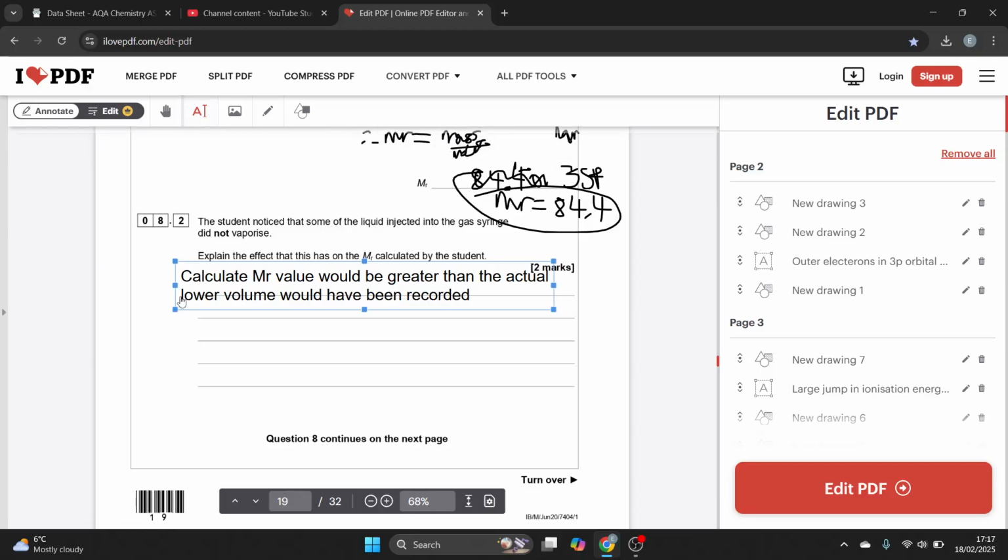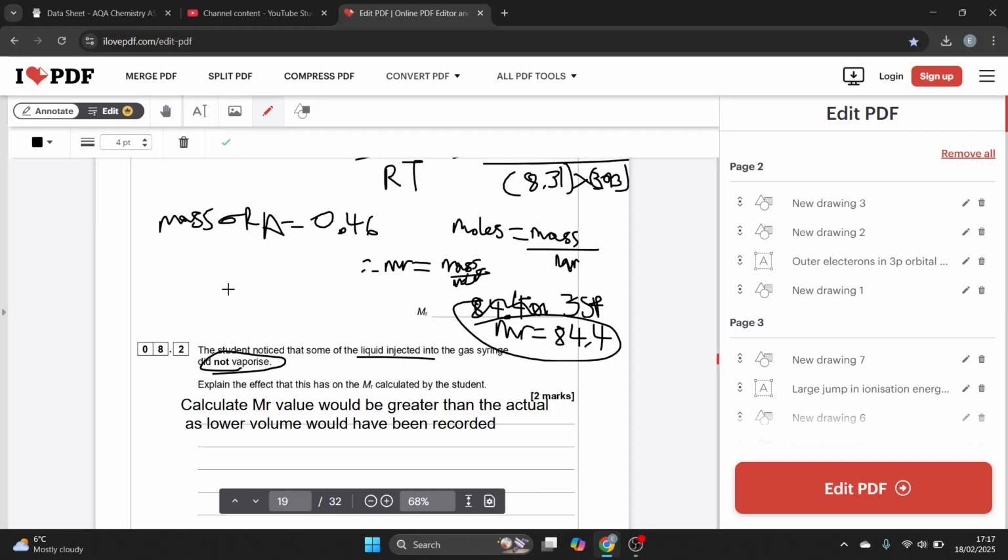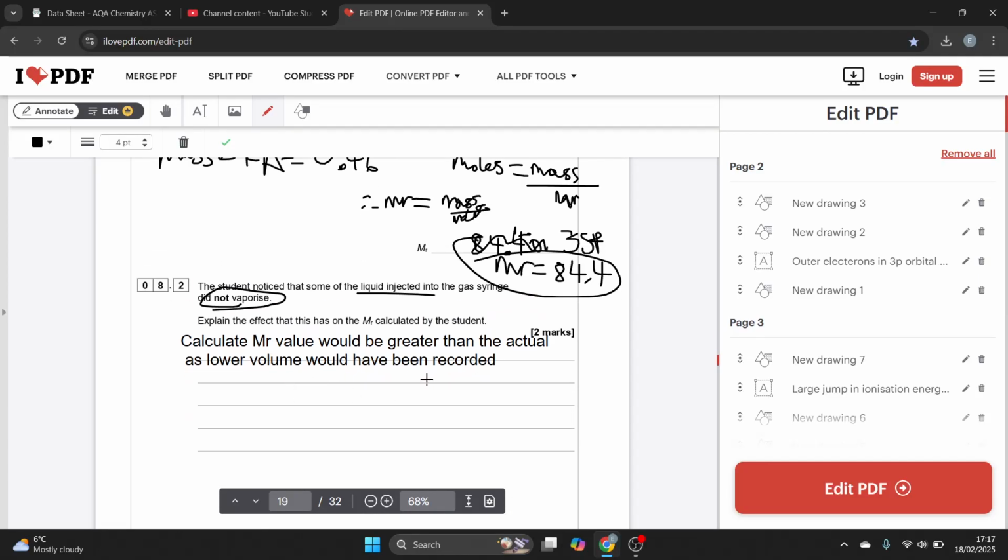If you think about it, you need to think a bit more deeply for this one. You notice some of the liquid did not vaporize. So what's going to happen to the volume? The lower volume would have been recorded, and what would happen to the MR?